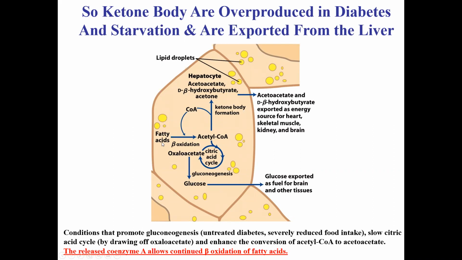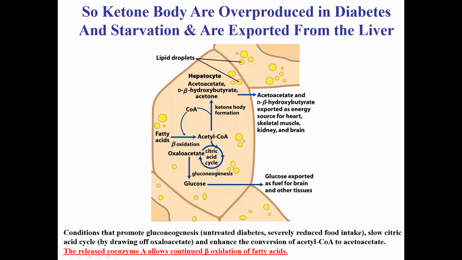And it will get mobilized, right, to produce acetyl coenzyme A. But because your cells are starving, oxaloacetate pool is going to be diverted away to make new glucose molecules that can then be exported into the bloodstream or to other tissues that can utilize glucose as a fuel.